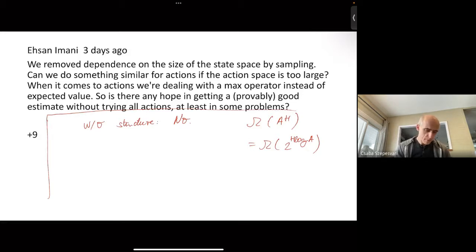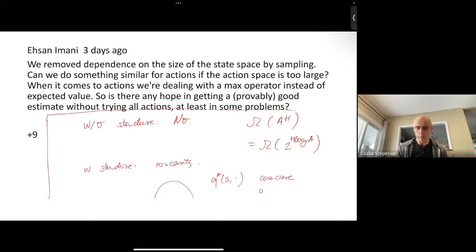So with structure, like convexity or concavity, let's say the action space is continuous and you have really nice concave functions, and all the Q functions that you would encounter, like Q star or whatnot, are concave.